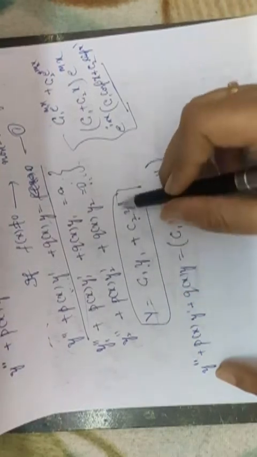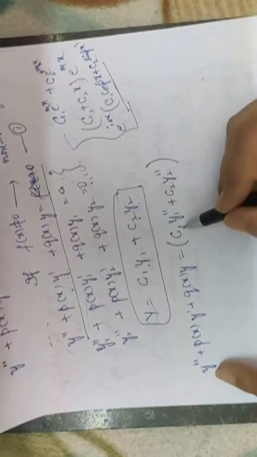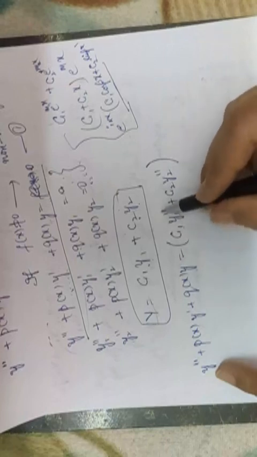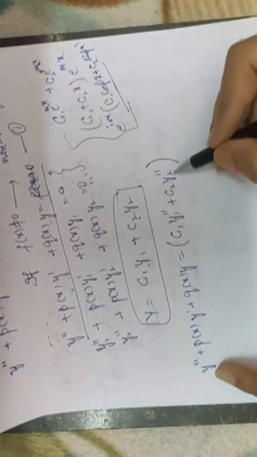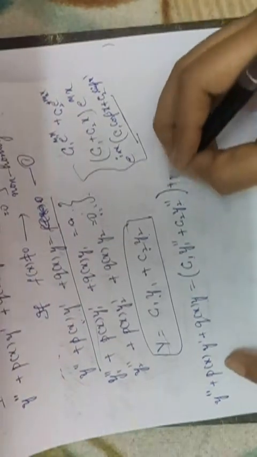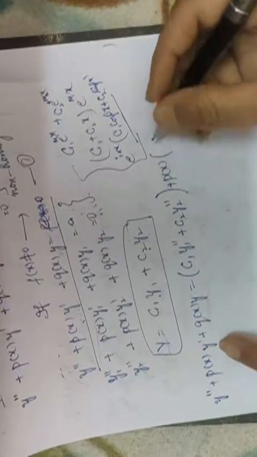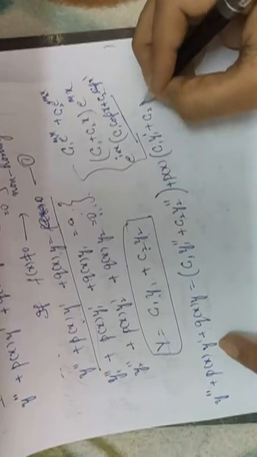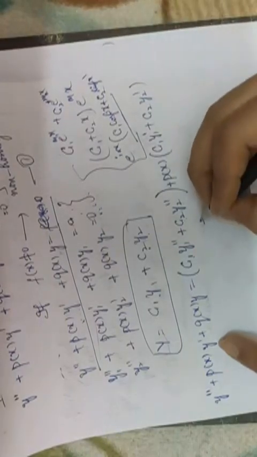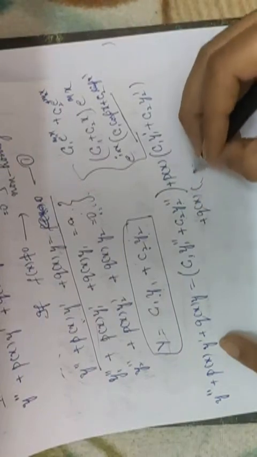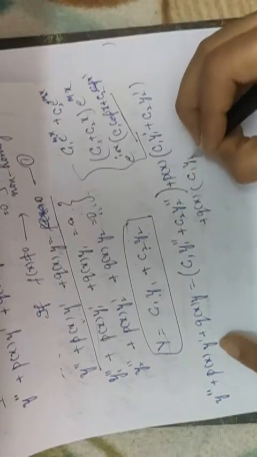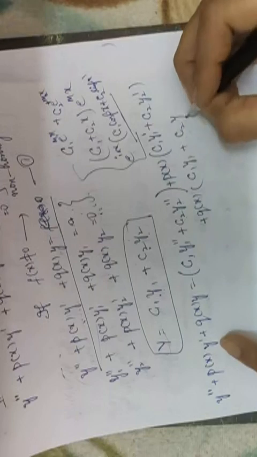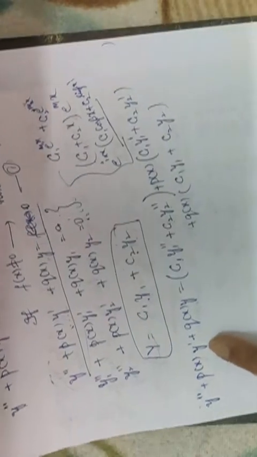So if I differentiate this twice, I will get c1, since it is a constant, y1 double dash plus c2 written as it is y2 double dash. Similarly, p of x into c1 y1 dash plus c2 y2 dash plus q of x into c1 y1 plus c2 y2, right?